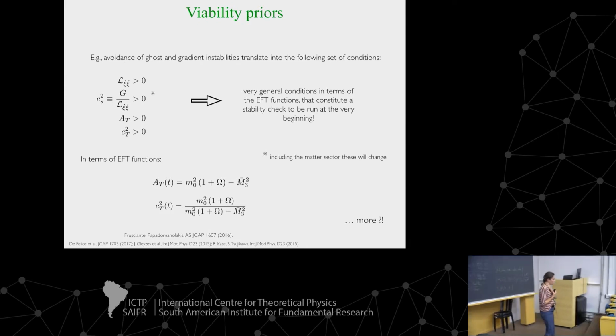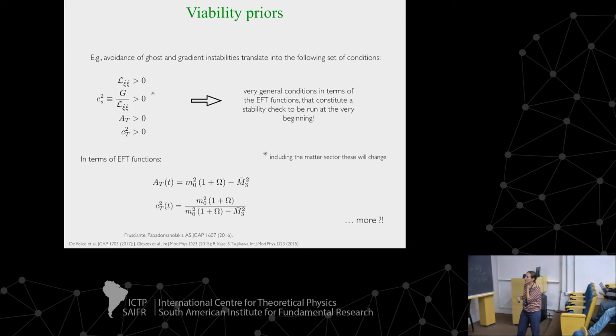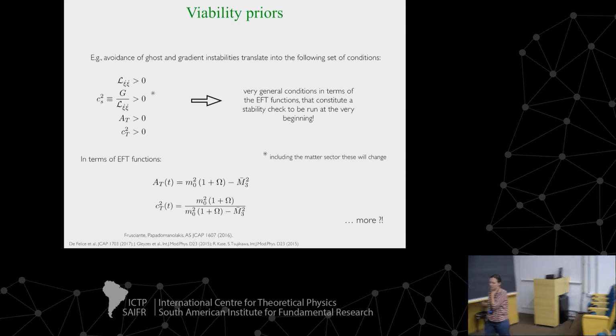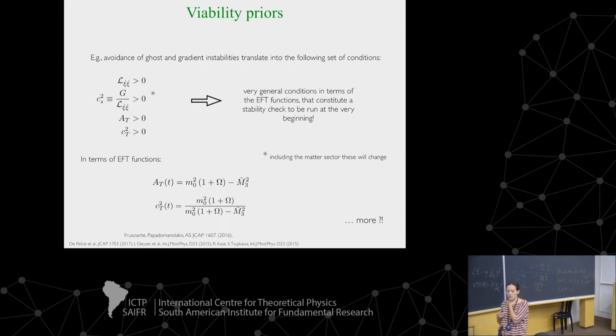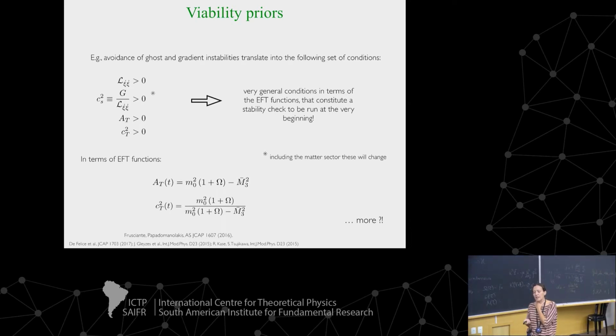There are more things that you can work out, and there's a lot to say. You have to be careful. Here we are looking at stability without matter. I'm completely neglecting the action for matter. It turns out that if you properly treat your matter components, you then have a matrix for your scalar degrees of freedom.